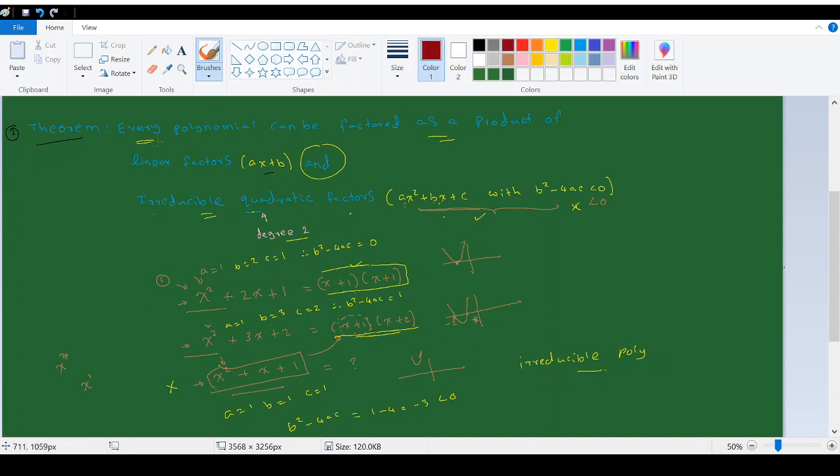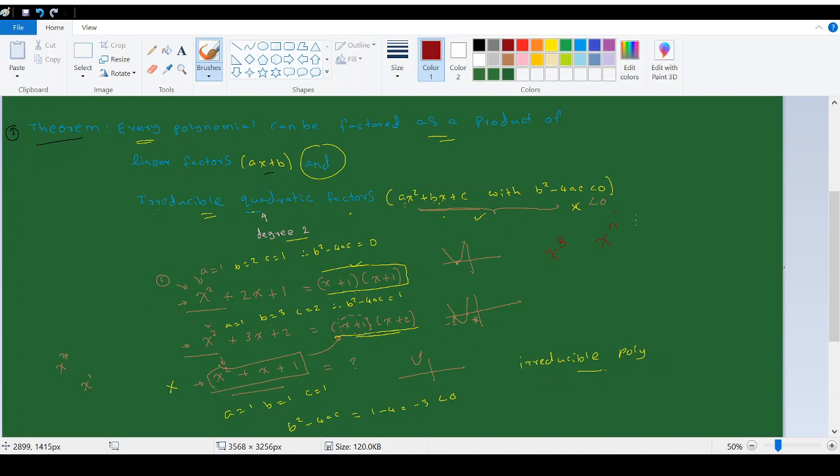So what does it say? Any polynomial. No matter what polynomial you give, it can have any degree. It can be a quadratic polynomial, or a third degree polynomial, or have any degree as required.